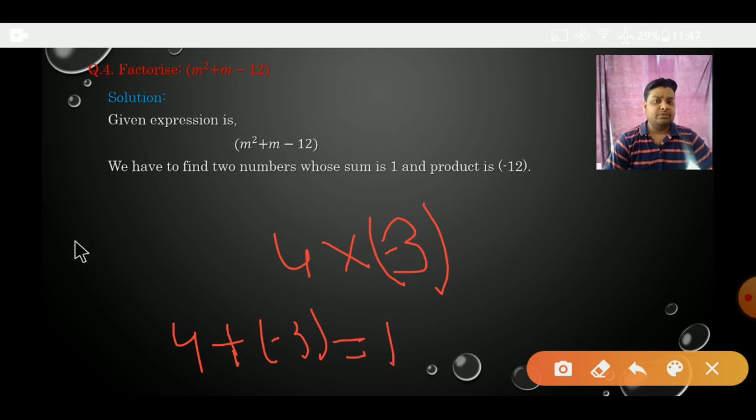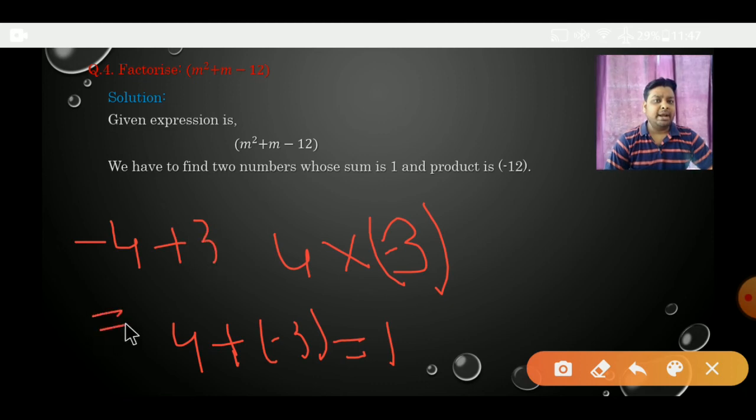But here we need only plus 1. So we will put the minus sign on the smaller number only.